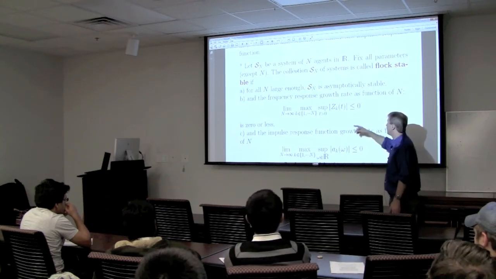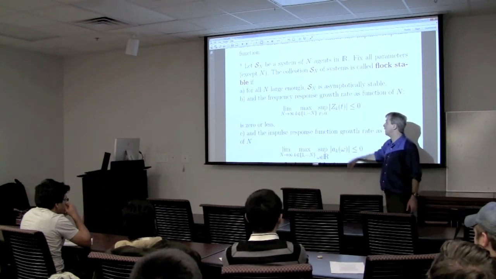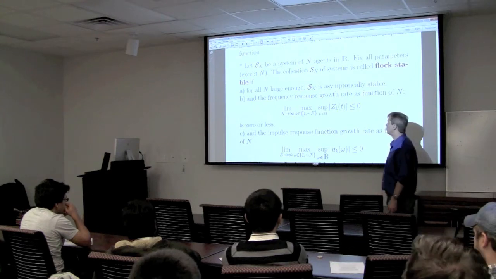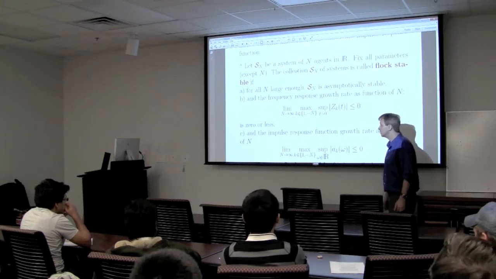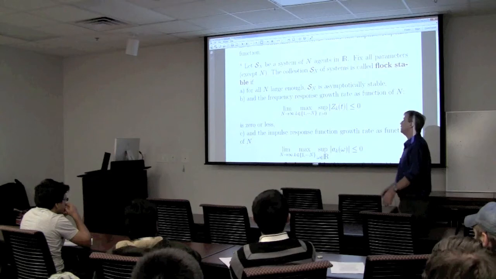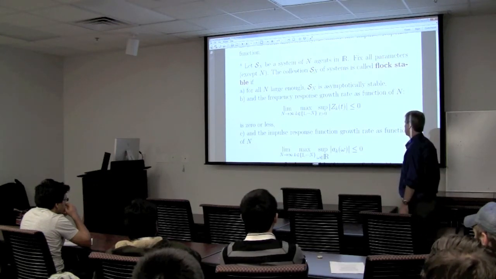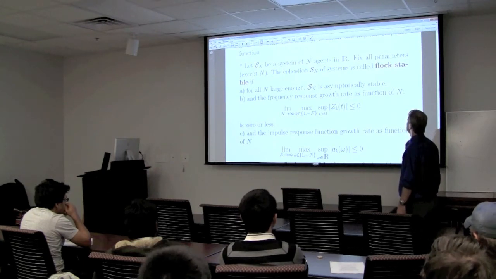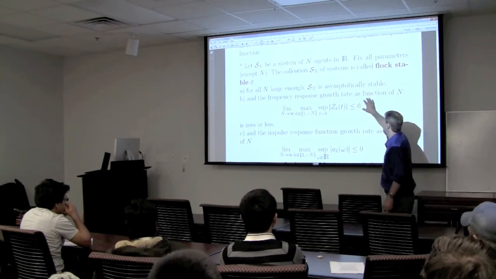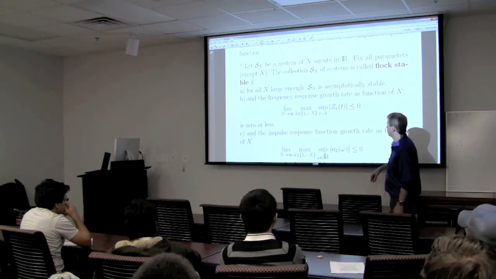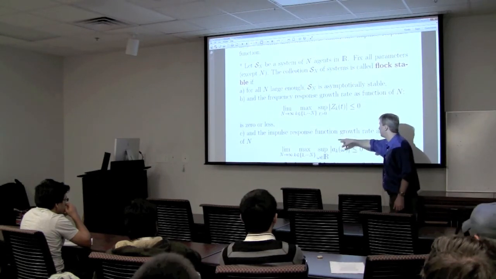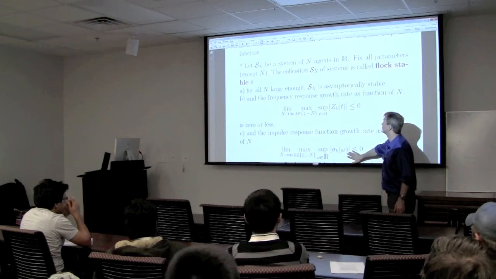If that goes up exponentially in n, I call the system flux unstable. I switched my definitions around. Sorry, this line should go here and this line should go there. This is the impulse response, and this is the frequency response.